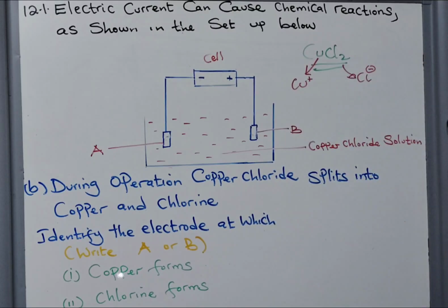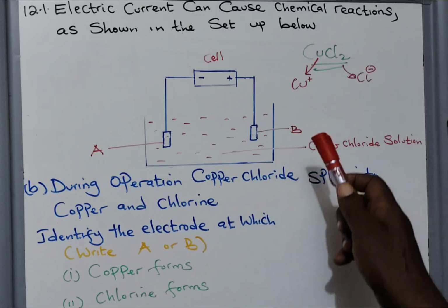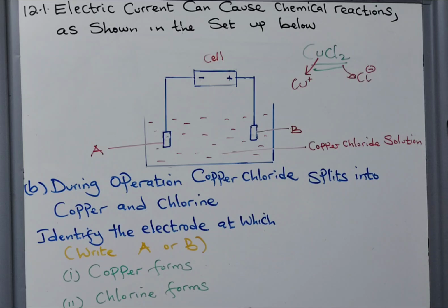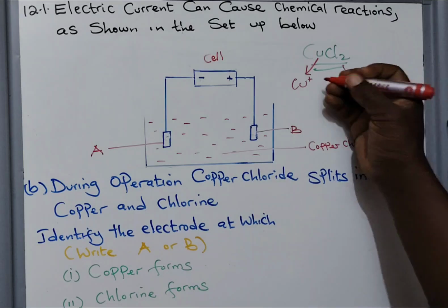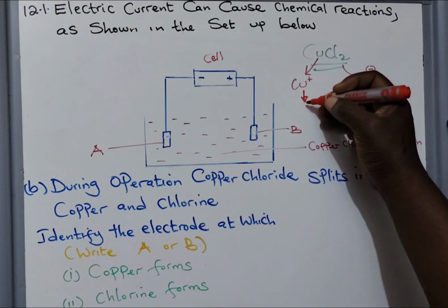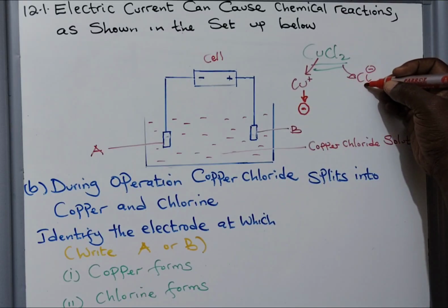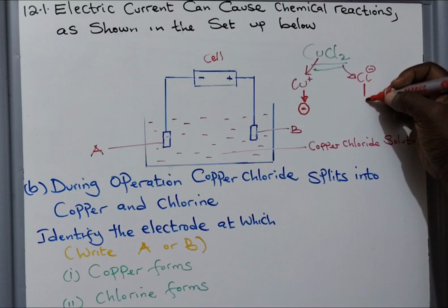But from today, I want you to know that in the mechanism of conduction, the positive moves to negative. So in other words, what you see here as positive moves to negative. And what you see here as negative moves to positive.